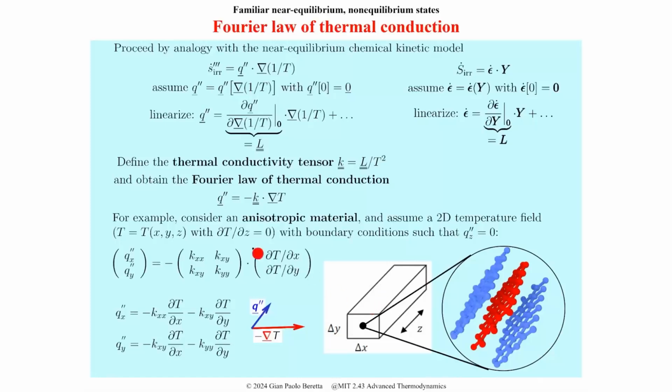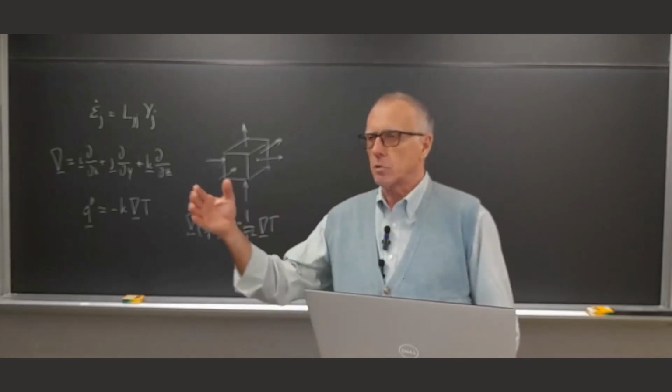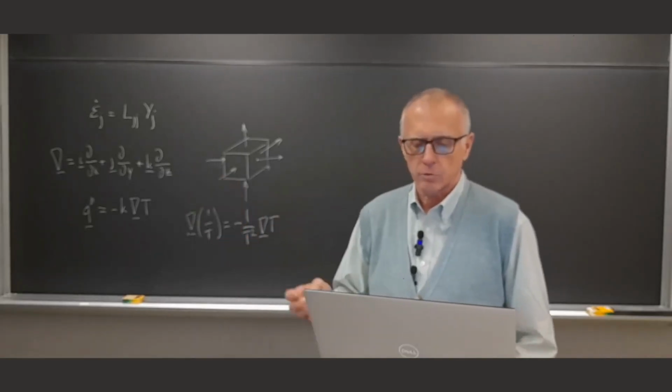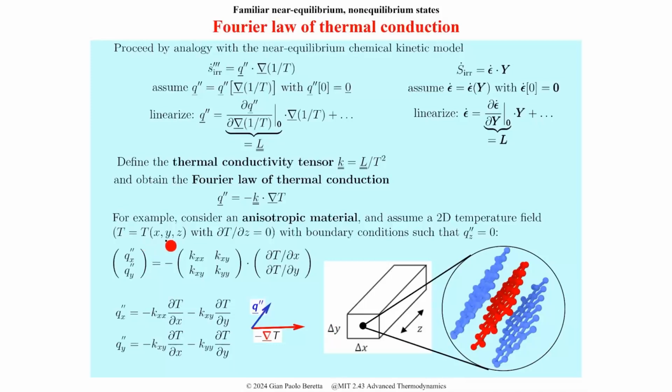In that case, every partial derivative with respect to z is equal to 0. That's the condition for 2D symmetry. So, for example, the temperature field depends only on x and y. That's to simplify. And so the Fourier law becomes this linear expression here.